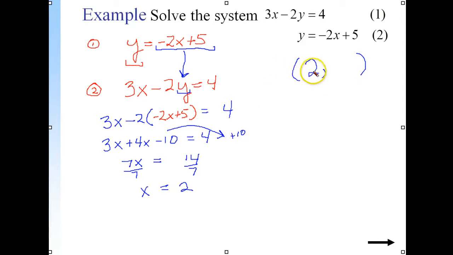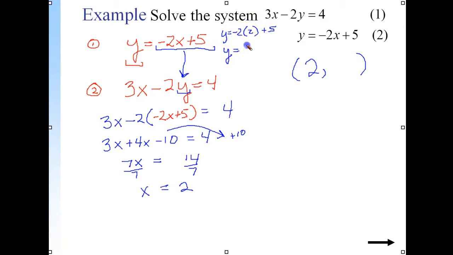Now, since I know that x is 2, I can go in this equation here and say y equals a negative 2 times my x value, which is 2, plus 5. So this is going to be a negative 4 plus 5.